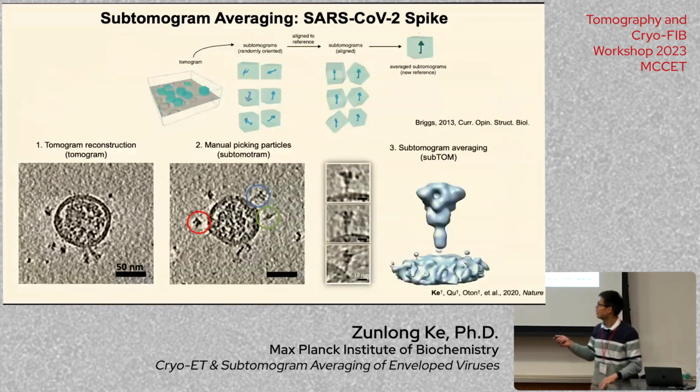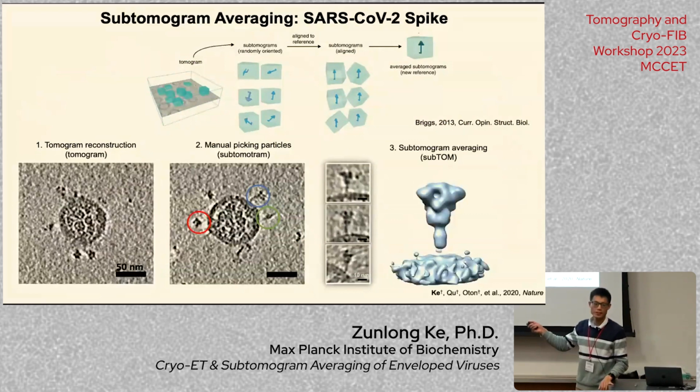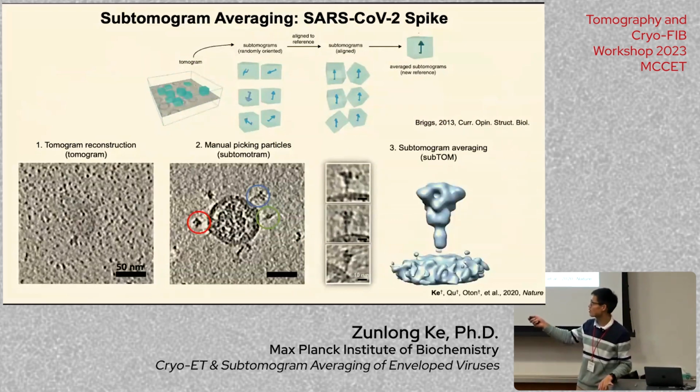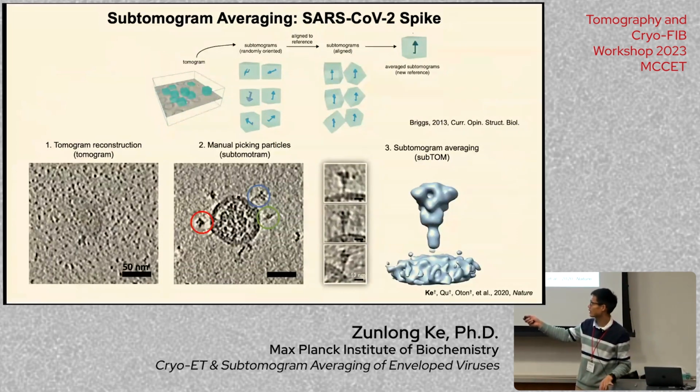What I did was I picked 62 or something, 66 sub-tomograms by two points, one on the head and one on the tail. So I defined these 60 spikes and oriented them essentially in the same way, and then just averaged, no alignments. Because in order to do alignment, you need a reference, right? But if you don't do alignment, you just average, then it's fine.